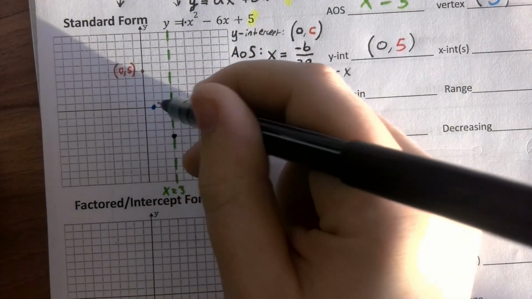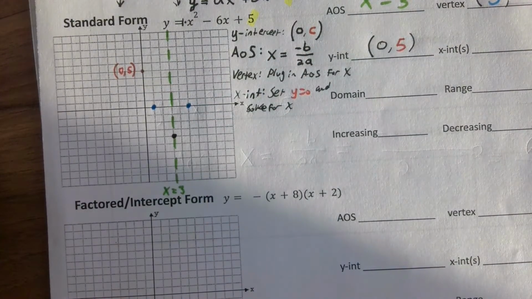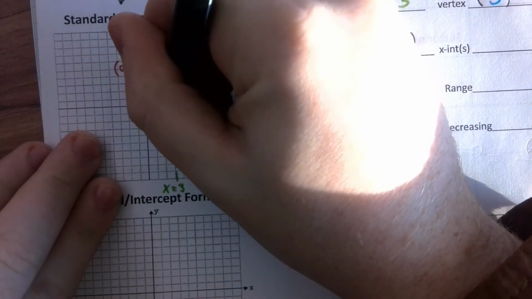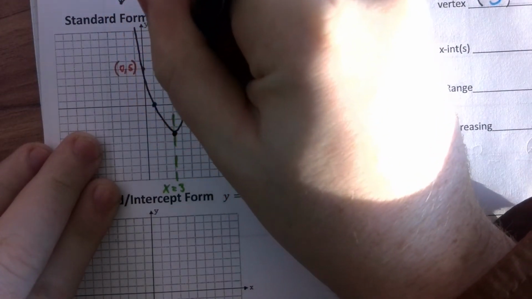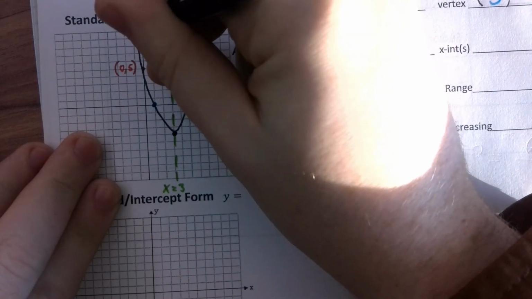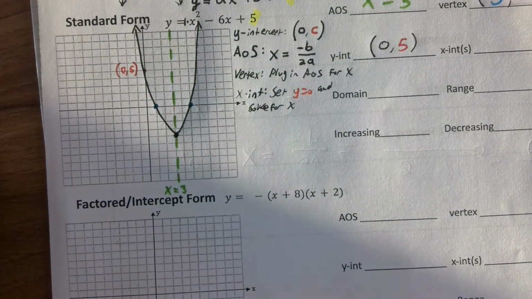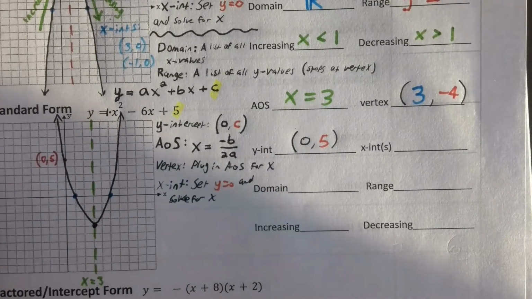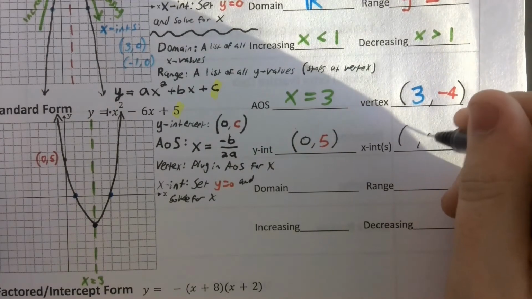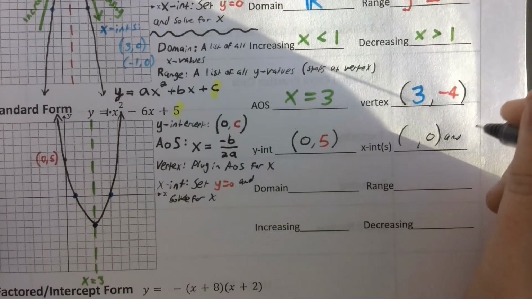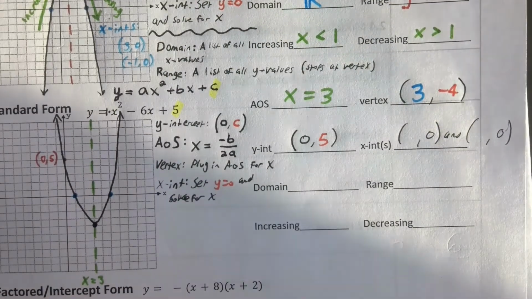And notice how here these points are perfectly spaced apart from the axis of symmetry. So we can now make our parabola, now that we have these quantities. There we go, there's our parabola. So, once again, our x-intercepts are as follows. It's (5, 0) and (1, 0).